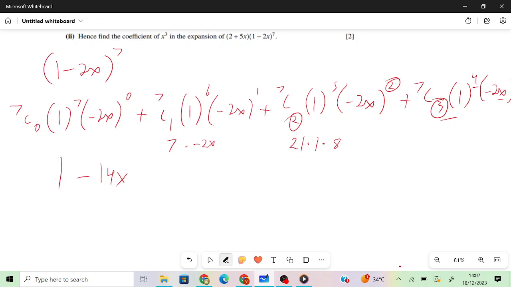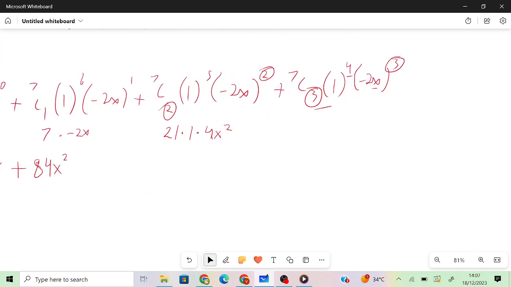Sorry, my bad, not 84. And then 4x squared times 21 is 84x squared. So plus 84x squared, and then the final one, 7 combination 3, that's 35 times minus 8x cubed, and that is minus 280x cubed.